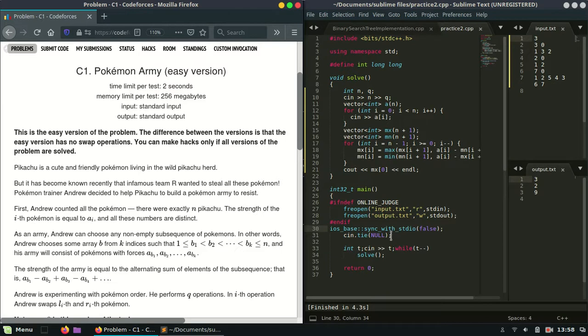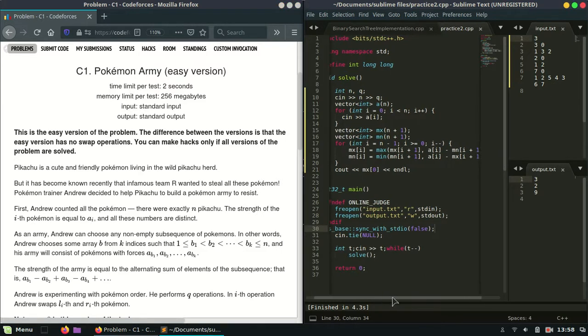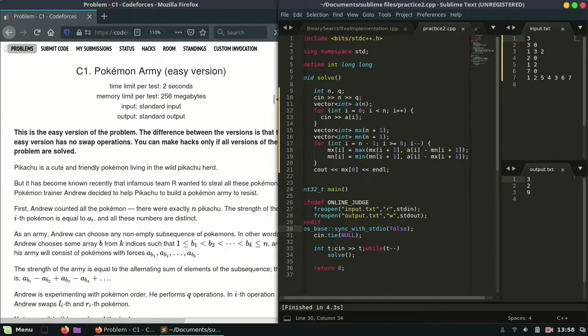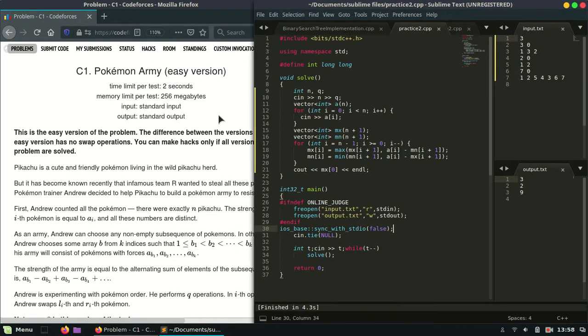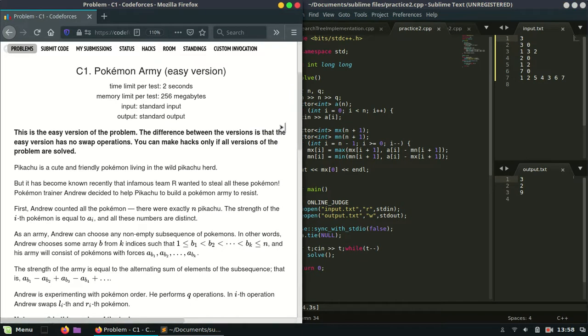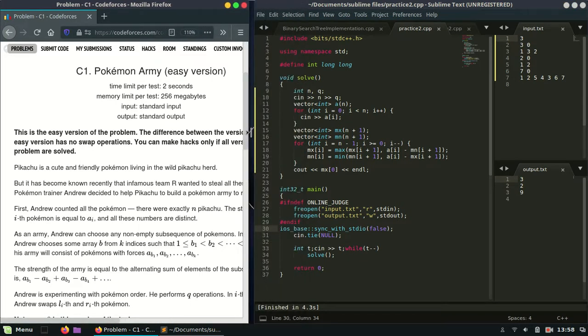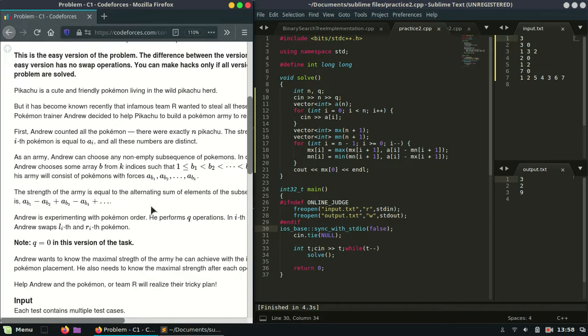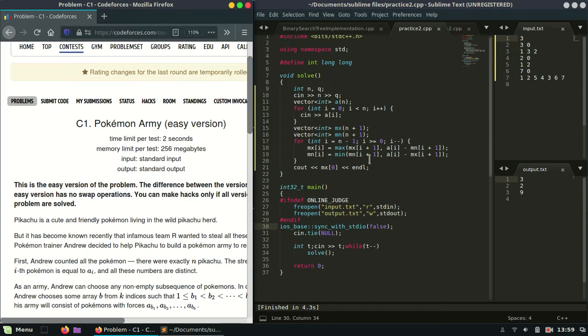Let's minimize this code and increase the size of this. Okay, now it's good. So what we are doing here is, in this code we have taken two vectors of size n plus 1.